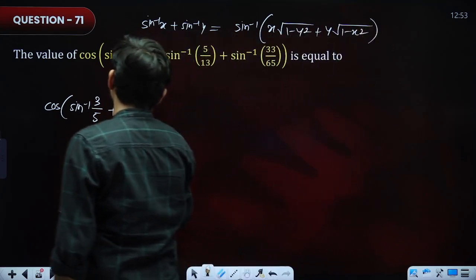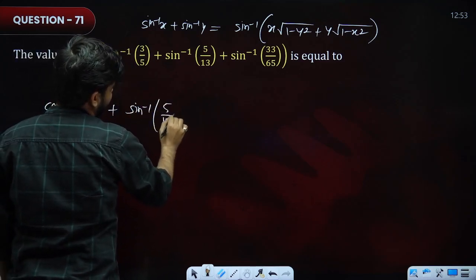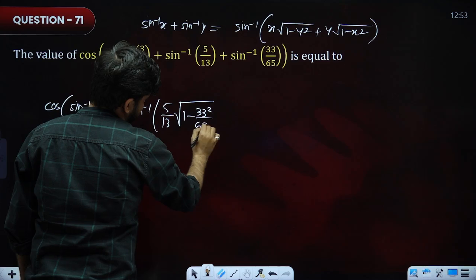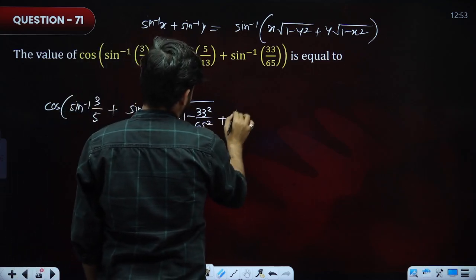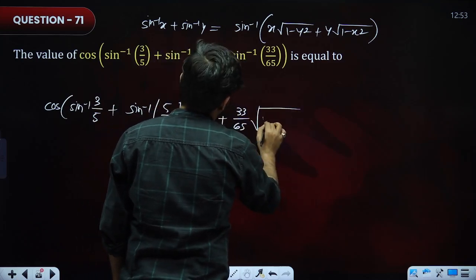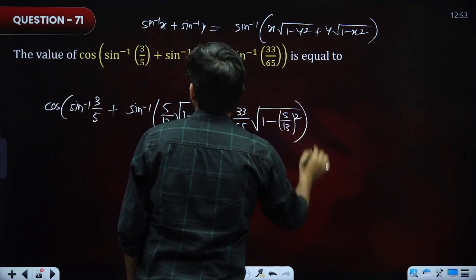So therefore we can write sin inverse 5 by 3 into under root 1 minus 33 square upon 65 square plus 33 by 65 into under root 1 minus 5 by 13 whole square.